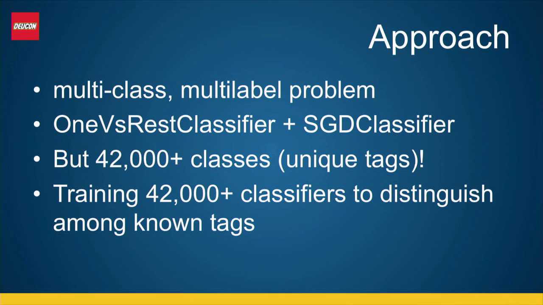What the one versus rest classifier does is manage that: running all those training runs and keeping track of them. The classifier we're going to use for that is the SGD classifier. When you have all those, you query that classifier and ask which one is the best one, or which are the best 5, or which are the best above a certain threshold. Those would be the tags that you predict.